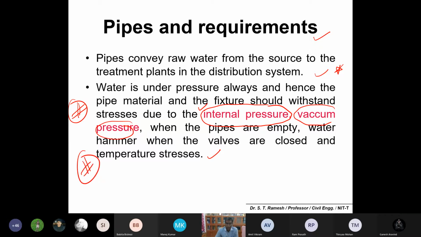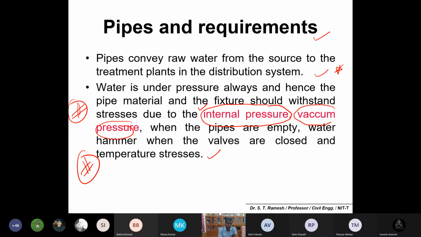These are the essential points you have to consider while designing a pressure pipe conveyance system. You have to be very careful with the internal pressure and with the vacuum pressure. You may also use a lot of fittings and valves in between.